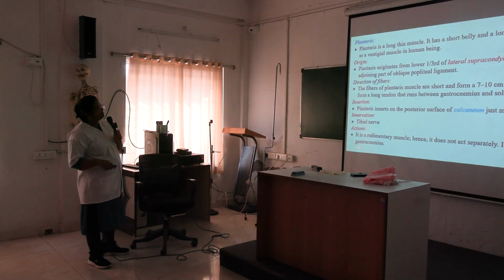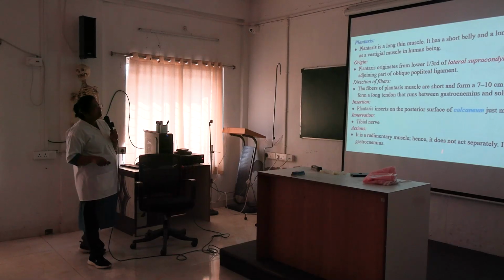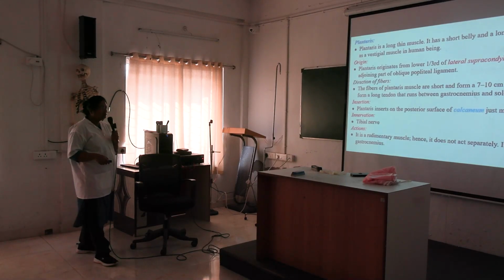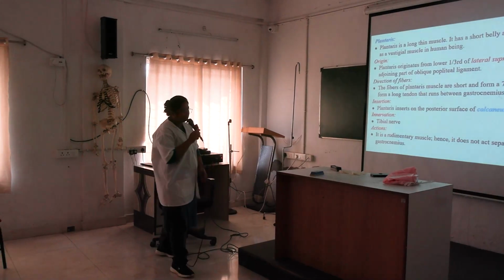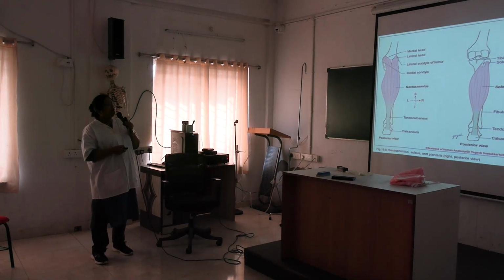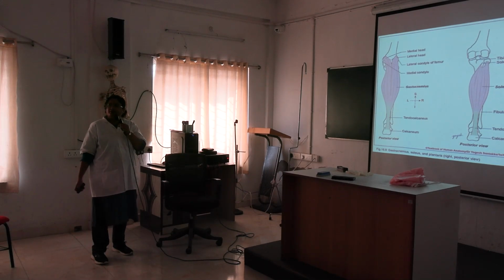Innervation is by the tibial nerve. Action: it is a rudimentary muscle, so it does not act separately but acts with the gastrocnemius and helps in plantarflexion. Here you can see the plantaris originating from the lateral supracondylar line of the femur and inserting medial to the tendocalcaneus.